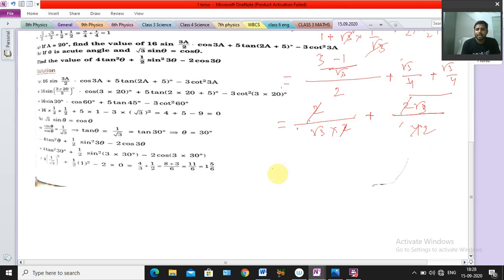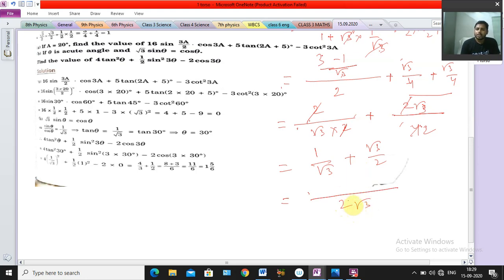So ultimately we are getting 1 by root 3 plus root 3 by 2. Up to this one clear? Next, we will do the LCM, 2 root 3.